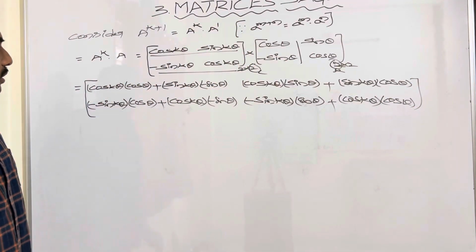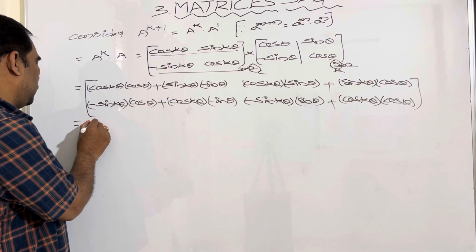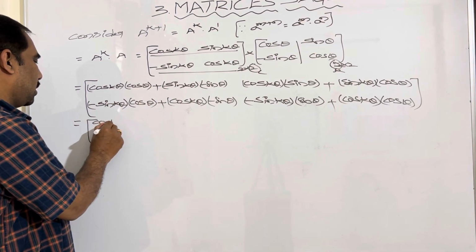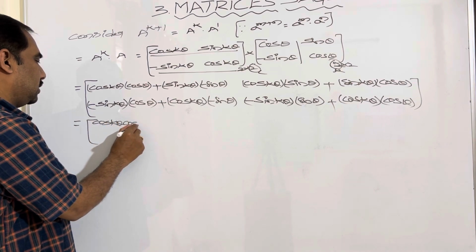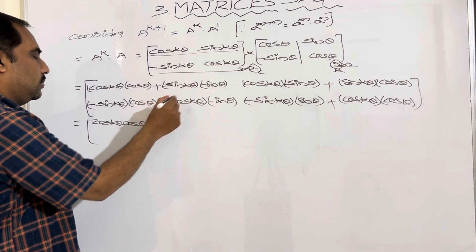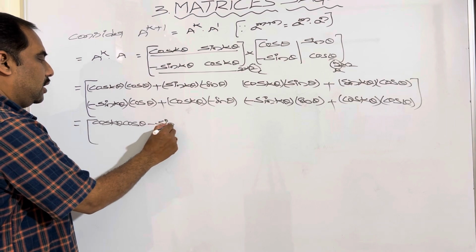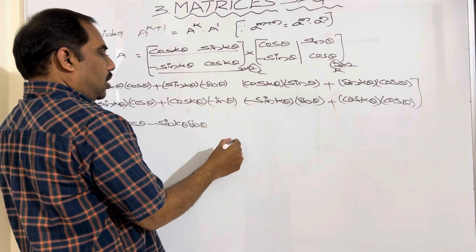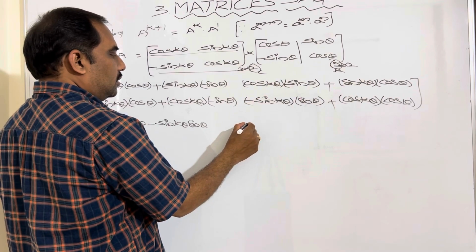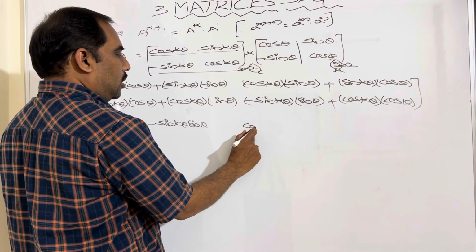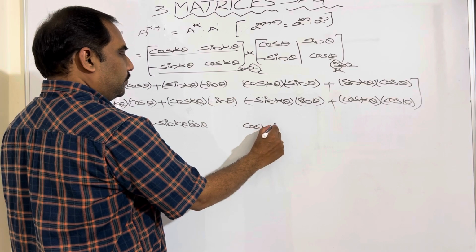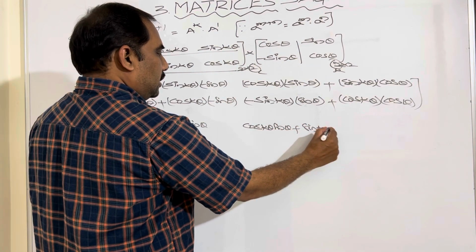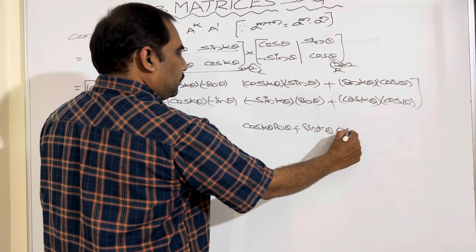So removing the brackets and multiplying, this is cos k theta into cos theta, and plus into minus is minus sin k theta into sin theta. Here we get cos k theta into sin theta, and plus sin k theta into cos theta.